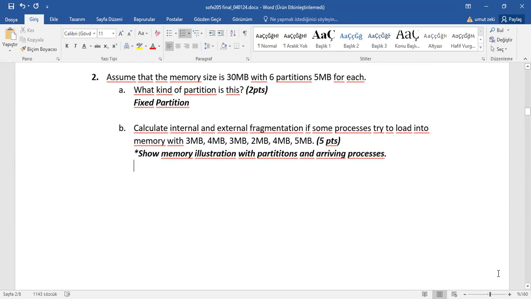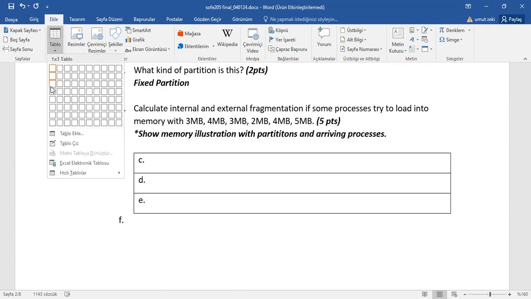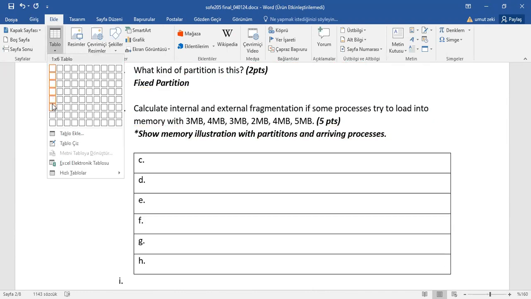So let's say, what was our memory? Let's draw a table to simulate.